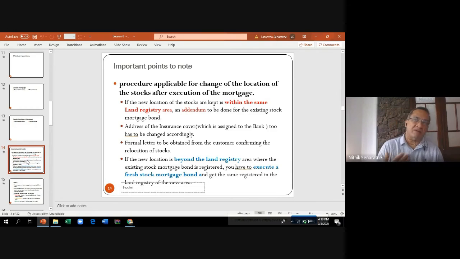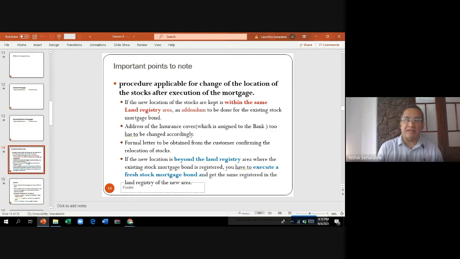So I'm the customer, I have to give a letter to say that I have changed the location, but within the same district. If the new location is beyond the land registry area where the existing stock mortgage is registered, you have to execute a fresh stock mortgage and get it registered in the land registry of the new area.